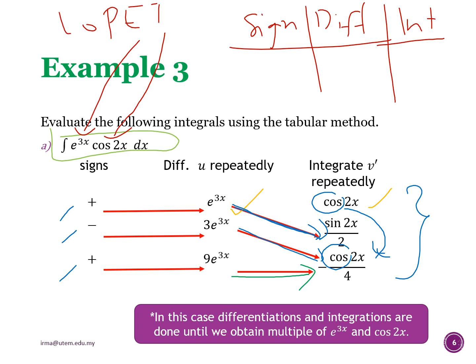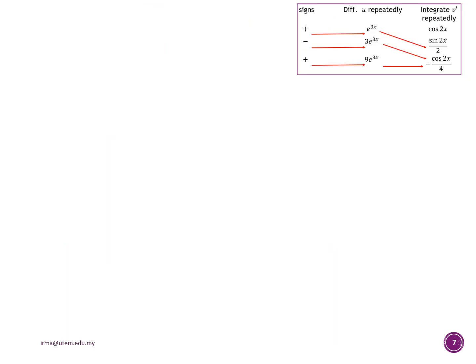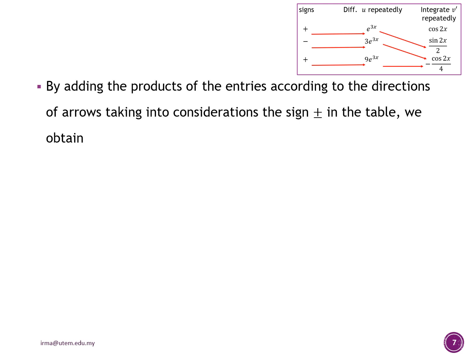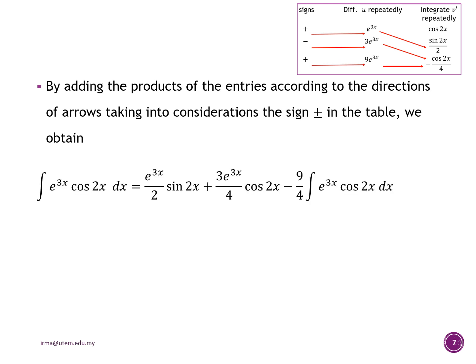So these are the arrows that you need to draw, so that you can use them to get the final answer. So this is the table just now. By adding the products of the entries according to the direction of the arrows, taking into consideration the positive and negative signs in the table, we will obtain the following.